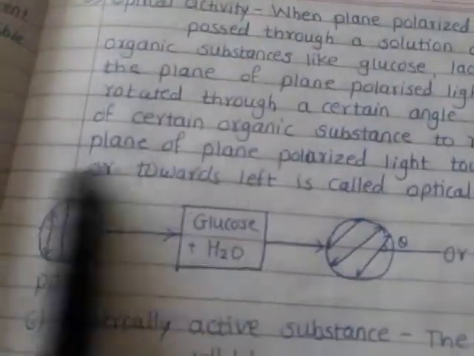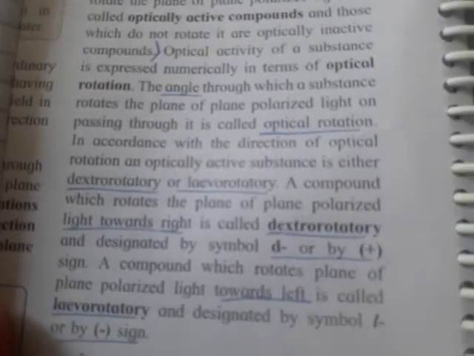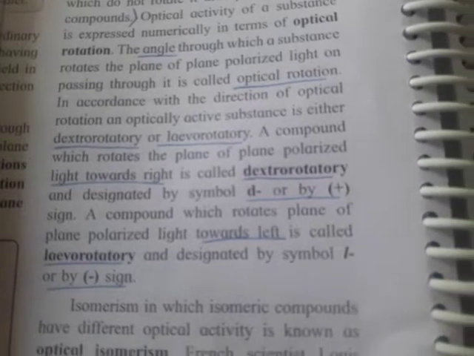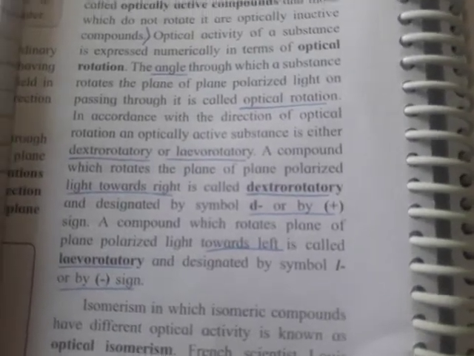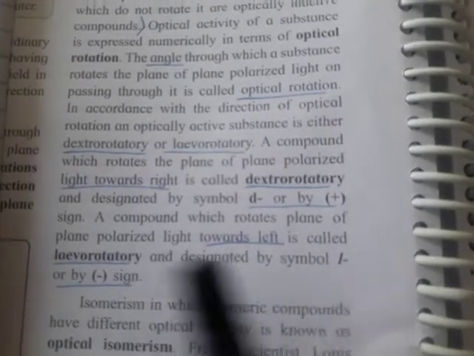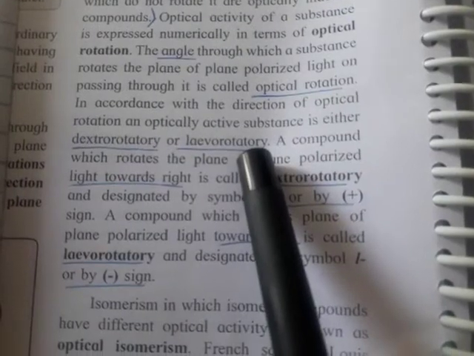It will not deviate, it will not rotate when it is passed through water, because it doesn't have an asymmetric carbon in it. This property is shown only by compounds having an asymmetric carbon in them. Now what if the plane is rotated towards the right and what if it is rotated towards the left? So we call these substances dextrorotatory and levorotatory.